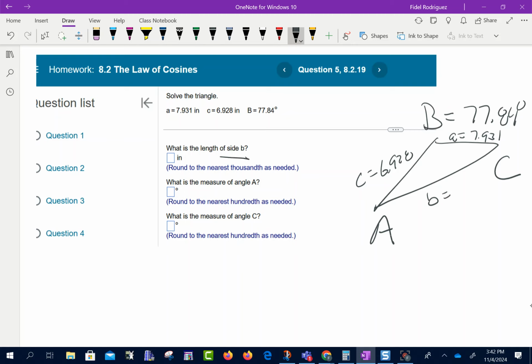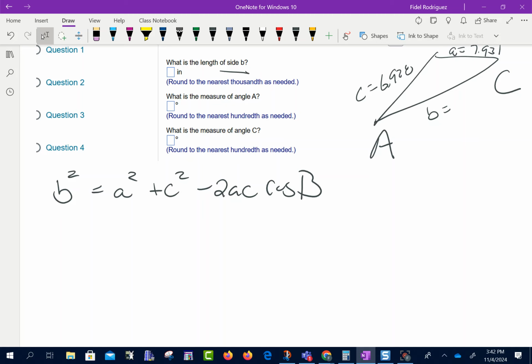First thing is, can we find the length of B? So y'all, I'm going to use my law of cosines. So B squared equals A squared plus C squared minus 2AC cosine of my angle B, okay? And so what I'm going to do here is start plugging my numbers in.